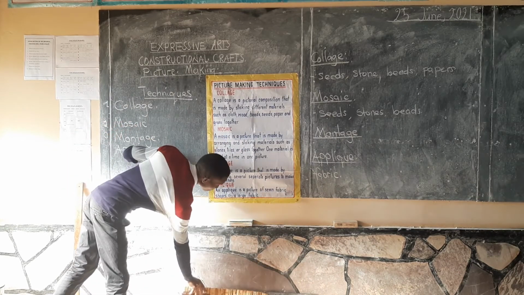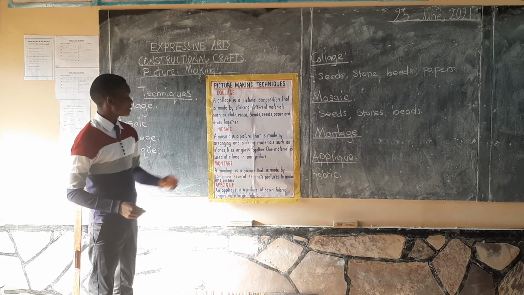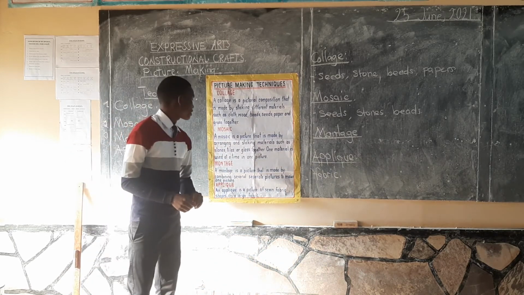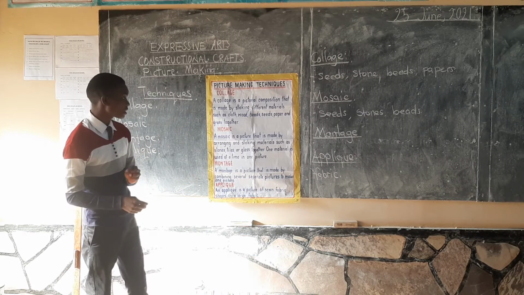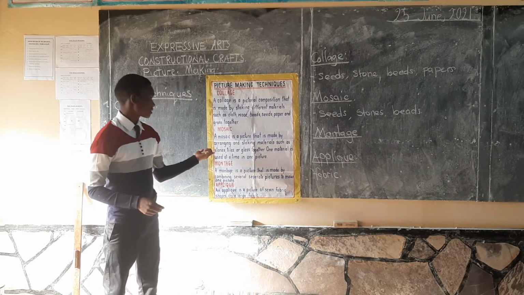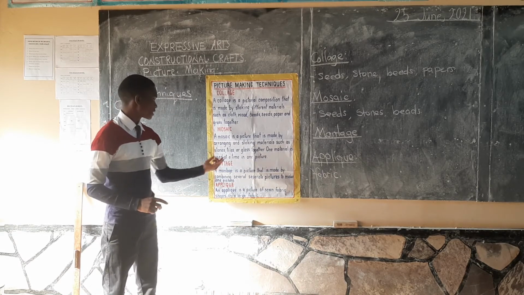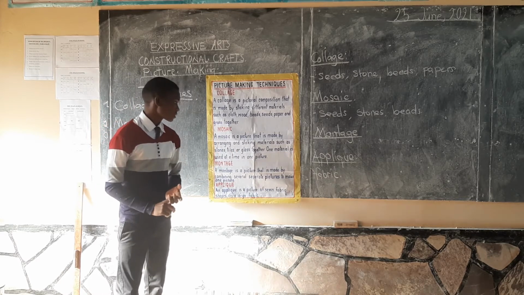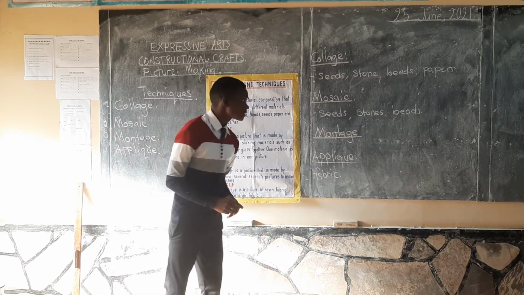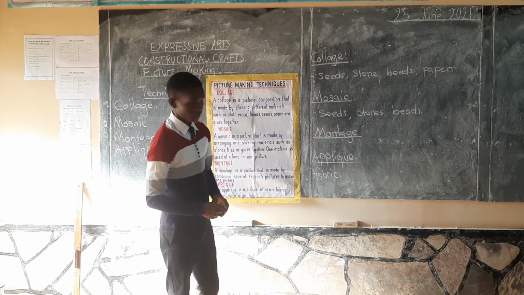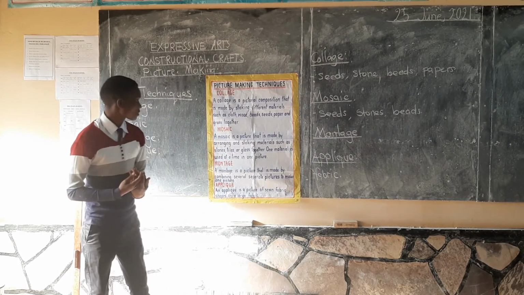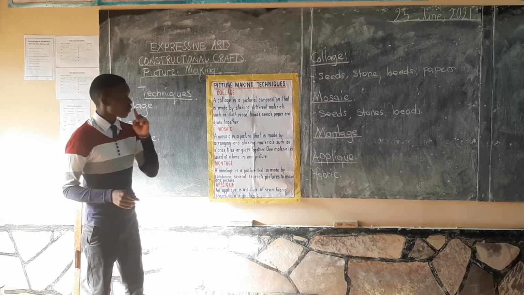The mosaic. A mosaic is a picture that is made by arranging and sticking materials such as stones, tiles, glass. You can even use seeds, stones, even beads to stick them together to come up with one picture.